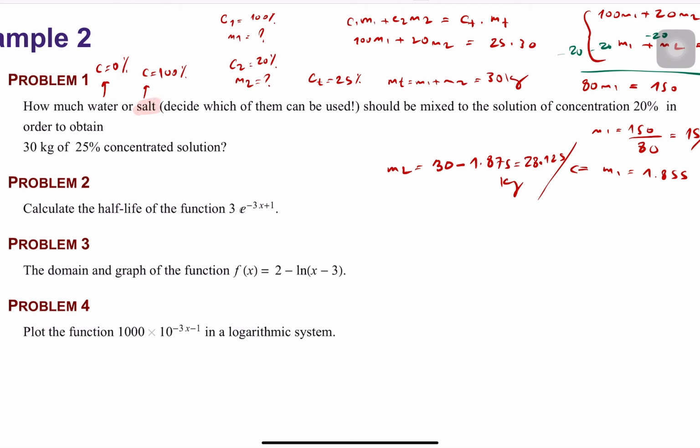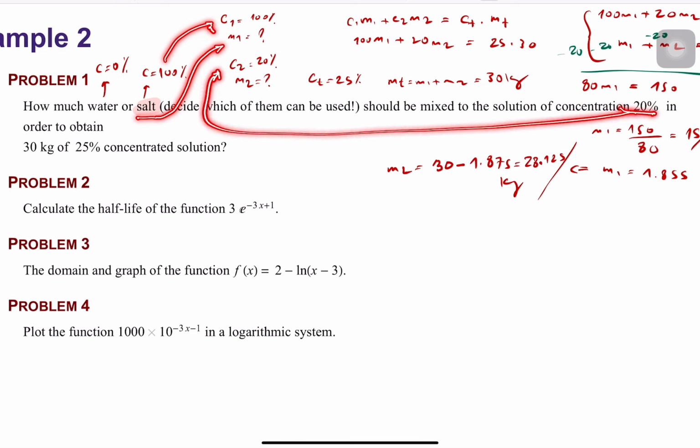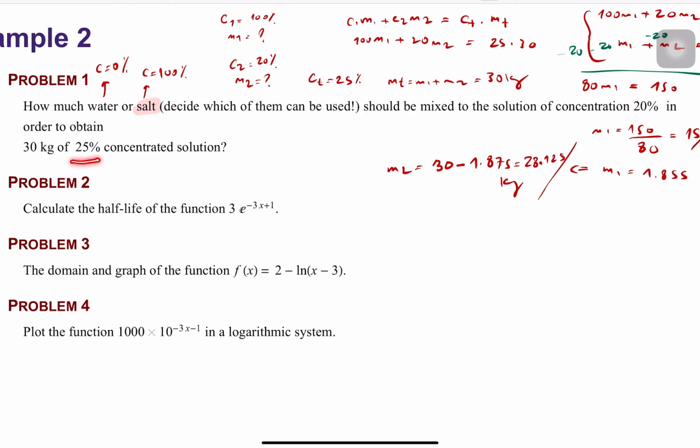Then C1 is the salt. M1 I don't know. C2 they give us 20%. M2 I don't know. But I know total concentration is 25% and M1 plus M2, M total, is 30.